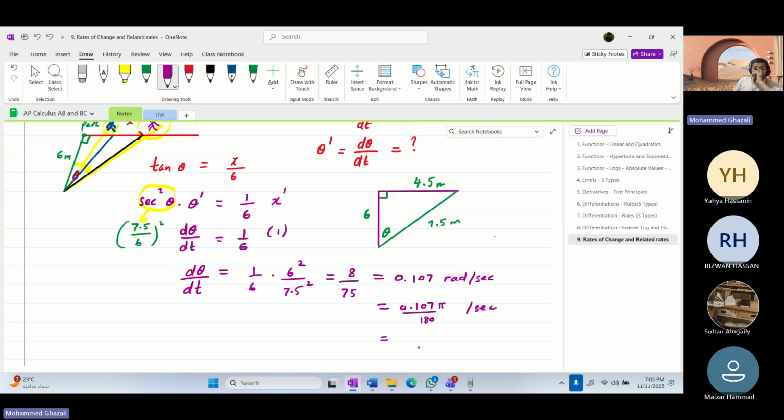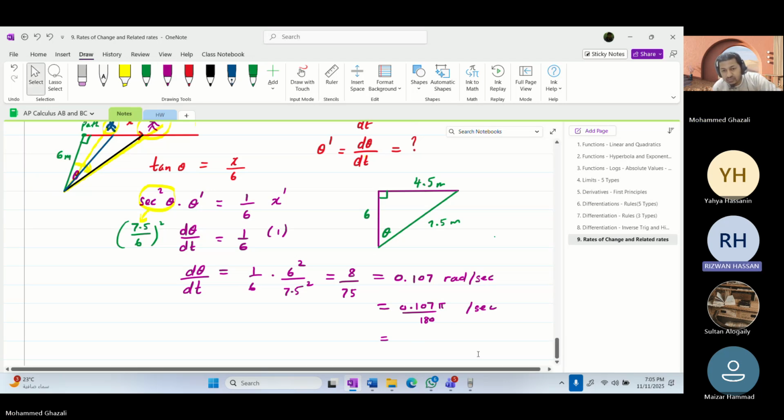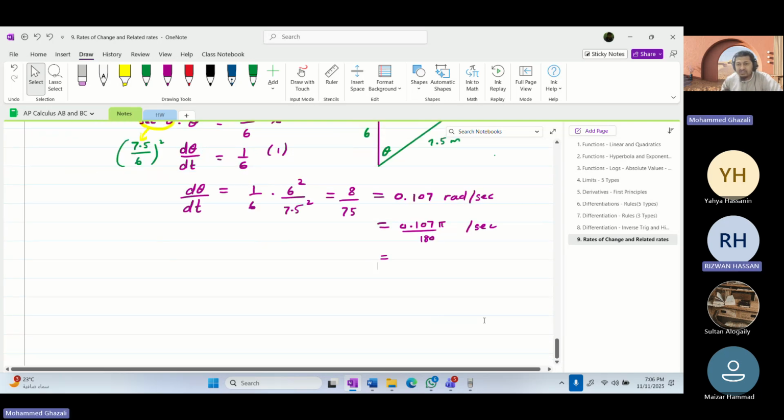You're telling me the angle is so small. I think it's in degrees. No, this is not in degrees. This is in radians. What we calculated was in radians, 0.107 radians.